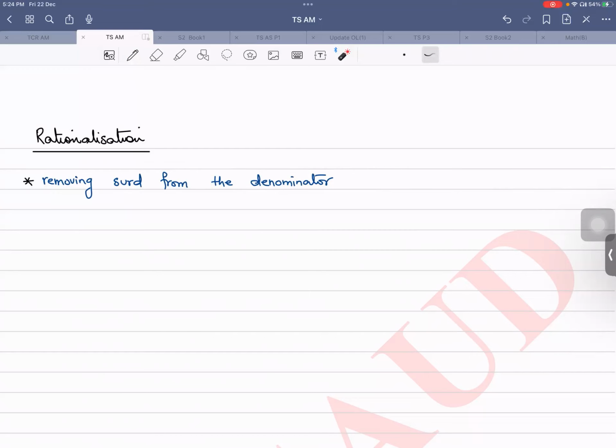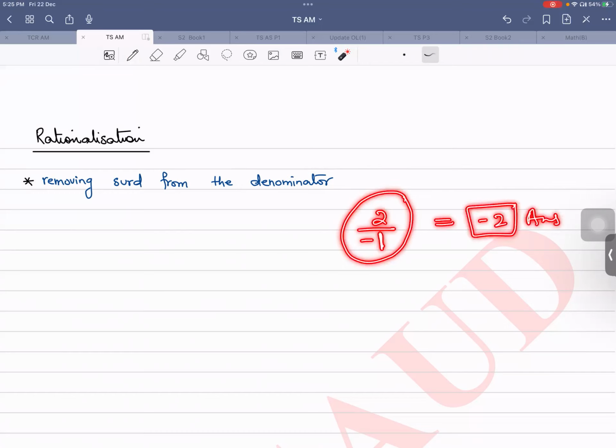Suppose I have 2 upon root 2 minus 1. अगर मेरा मैथ के पेपर में 2 upon root 2 आ रहा है आंसर, will I write it as 2 upon root 2? No. इसको मैं कैसे लिखूंगा? As root 2. As root 2, correct. And why am I not going to write it like this?